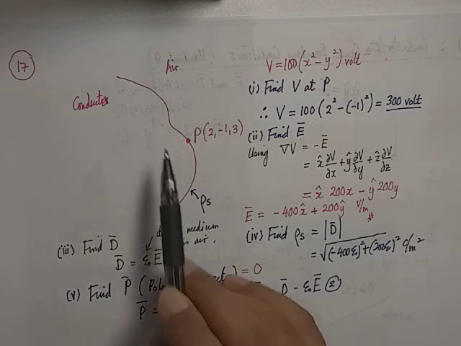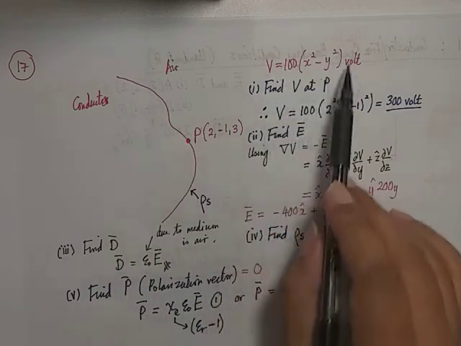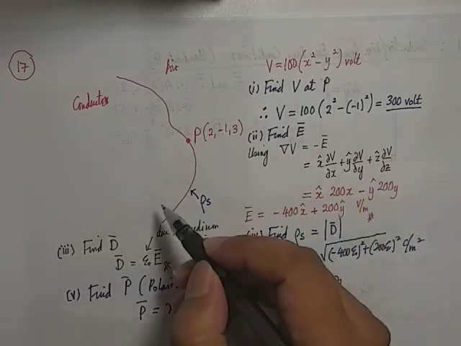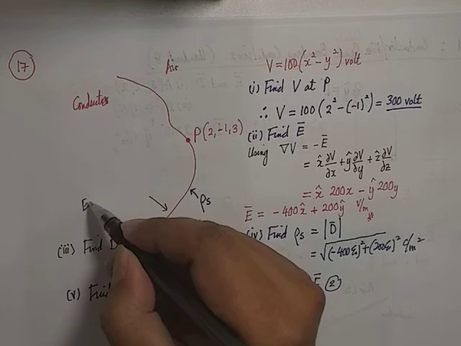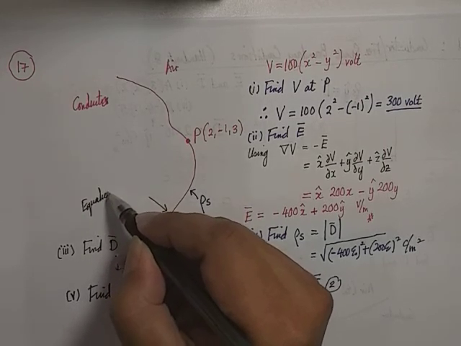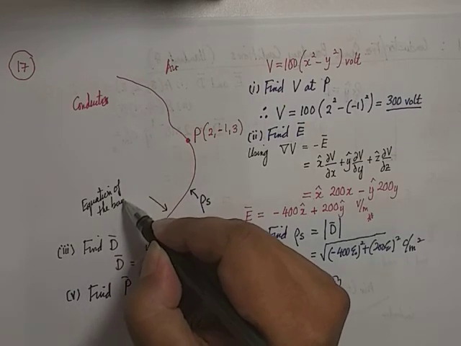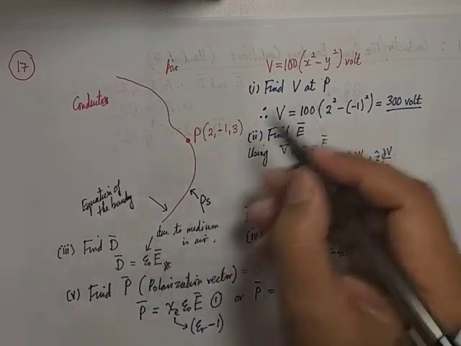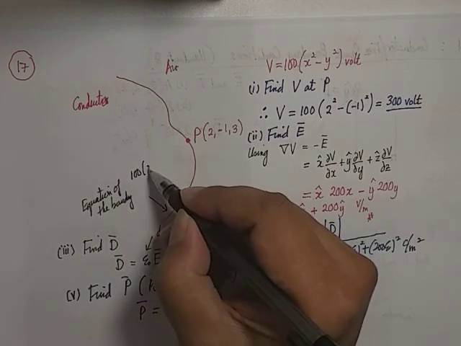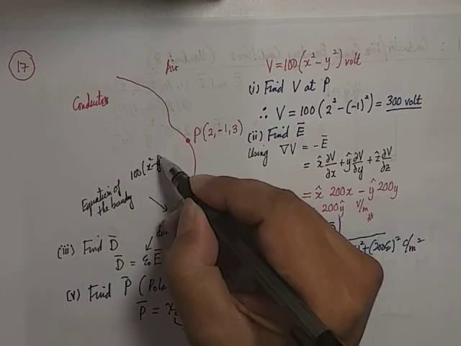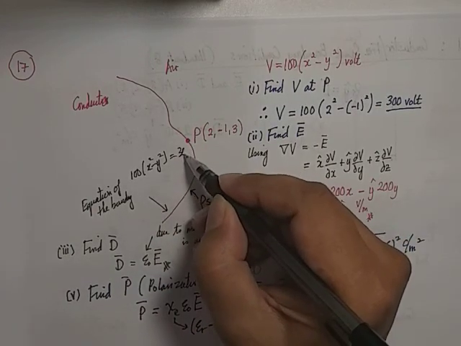And we know the general equation of V is given by such equation. Therefore, we can now state the equation of the boundary. Simply, the general equation of V, x squared minus y squared, should be equal to the value we already determined here: 300.